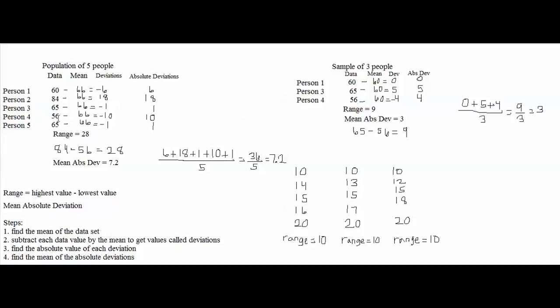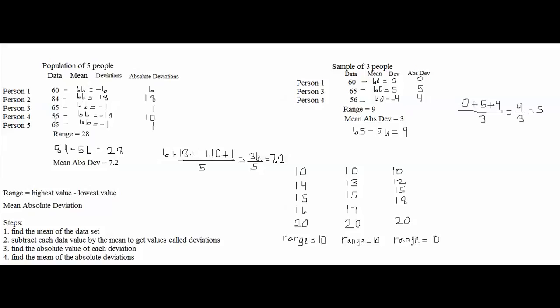The list of numbers that has the most dispersion will have the higher mean absolute deviation, and the list of numbers that has lower dispersion will have the lower mean absolute deviation, because as the dispersion goes up, the mean absolute deviation goes up along with it. So the reason why the population has the higher mean absolute deviation is because the population has more dispersion than the sample.